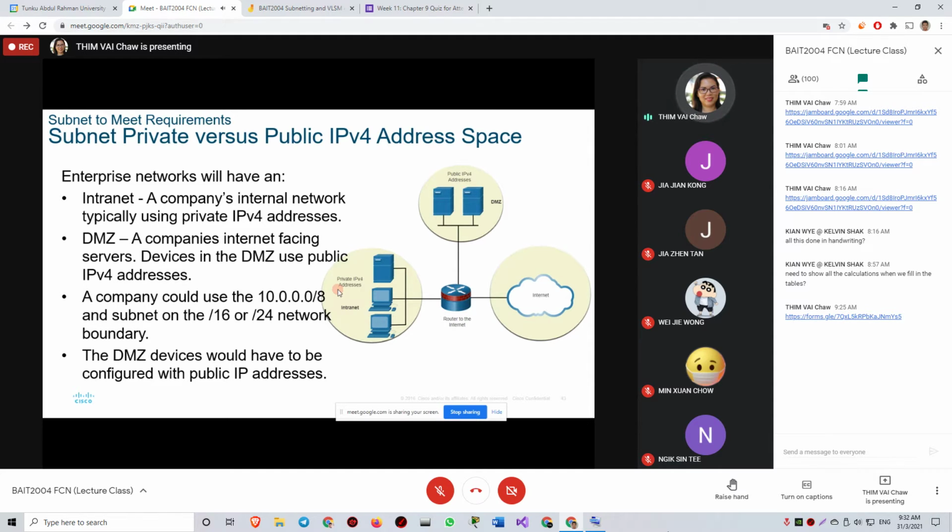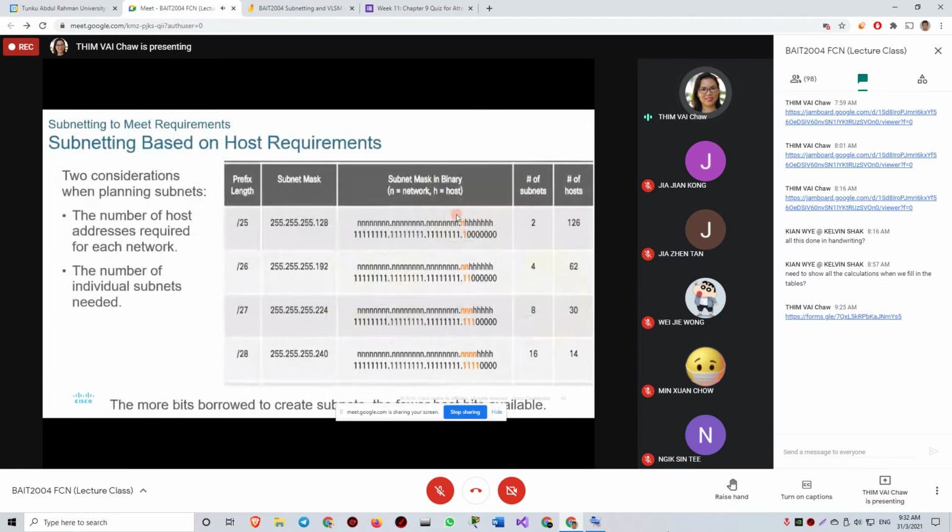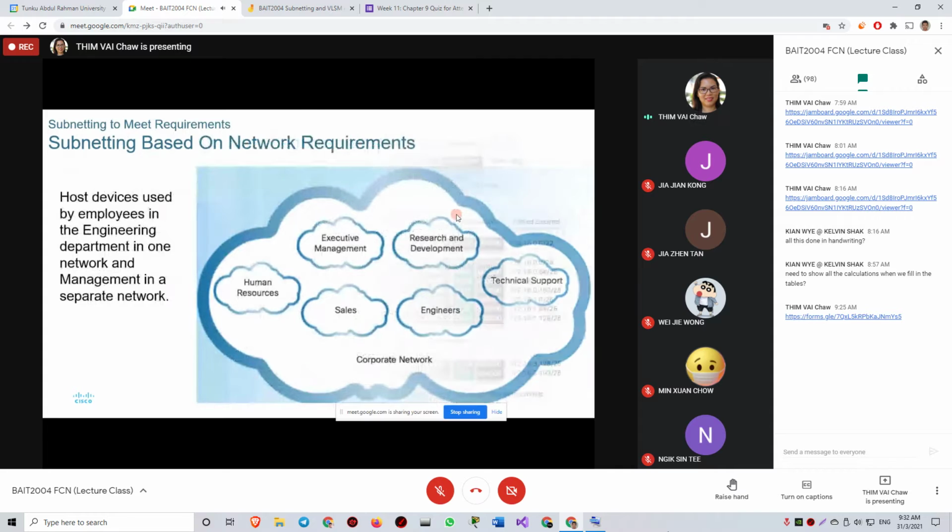So that's why we are going to make it a private address. Sometimes when you design a network, we need to design according to the devices and the access, who is the one accessing. So we have an intranet, and then we have this particular part for the public one, the public address space. It depends on your network design.